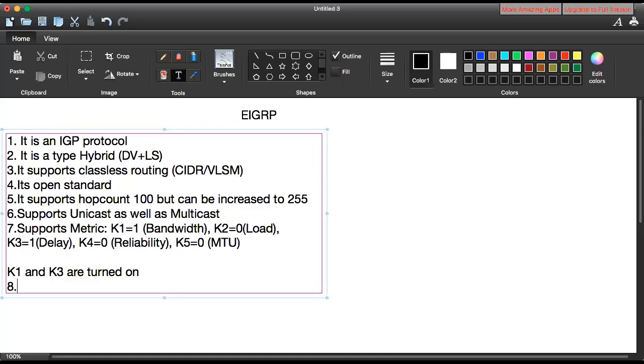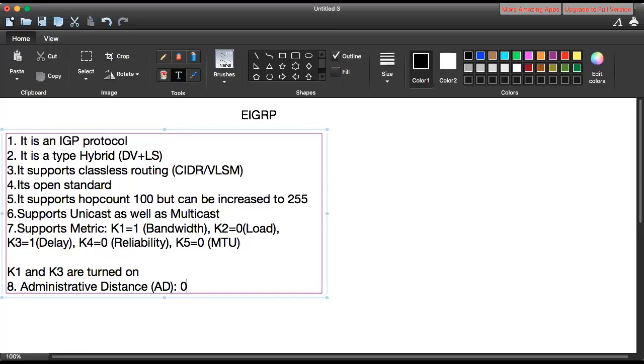Next one is AD, administrative distance. It's 90 for internal and 170 for external. That's correct. So what is AD? AD is again a numeric value which tells you the trust of that protocol.